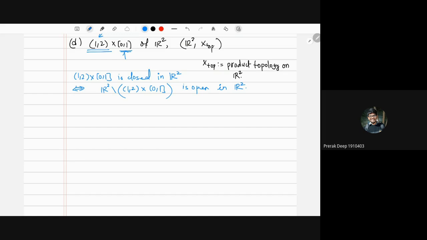Now you can write this complement as R minus the interval 1 comma 2, times 0 comma 1, intersection with 1 comma 2 times R minus 0 comma 1. You can rewrite it like this.